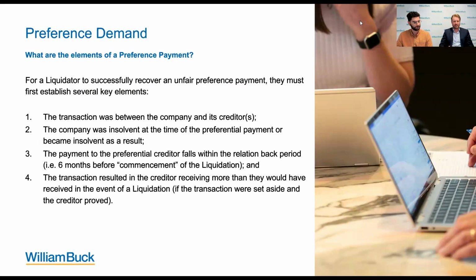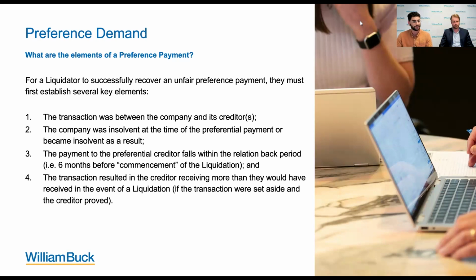Okay, so having established the theory behind preference payments, what elements need to exist for a preference payment to be clawed back? Yep. So as you can see here, in order for a liquidator to successfully recover an unfair preference payment, they must first establish several key elements. Those are that the transaction was between a company and its creditor.